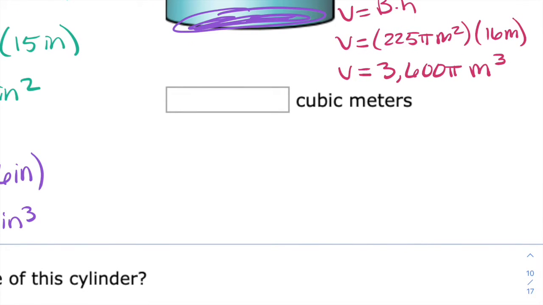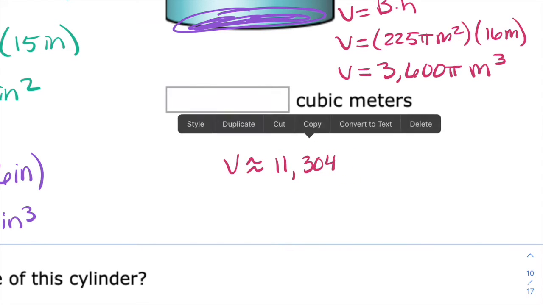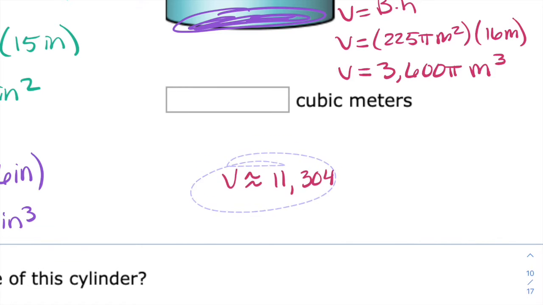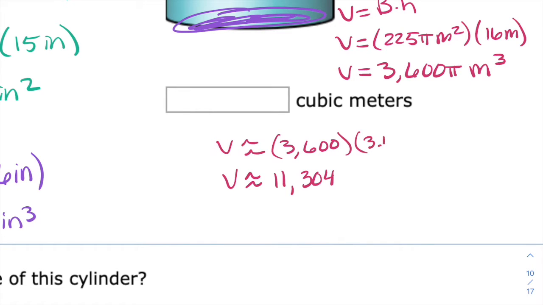And because of all the zeros, it actually worked out really well. Volume equals 11,304. And because we approximated, I feel comfortable enough using the approximate symbol here, because I used 3.14. I'll even write out the step before it. Why not? So 3,600 times 3.14.